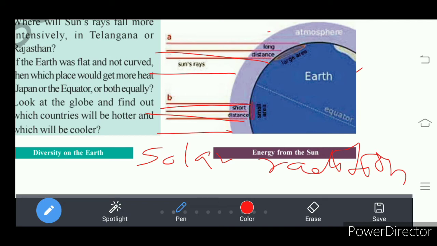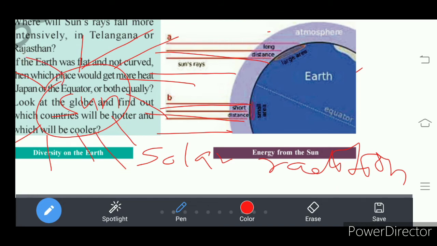So the sun is a big powerhouse. From this powerhouse, energy is emitted out in the form of light and heat, and that sun energy emitted out is called solar radiation.